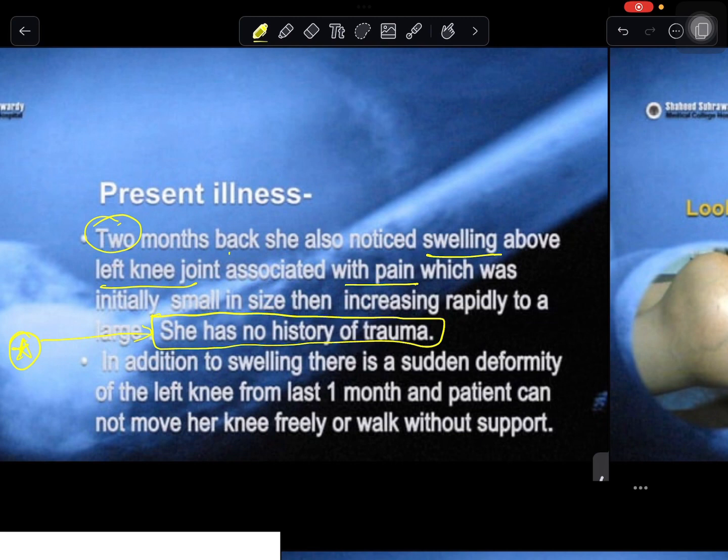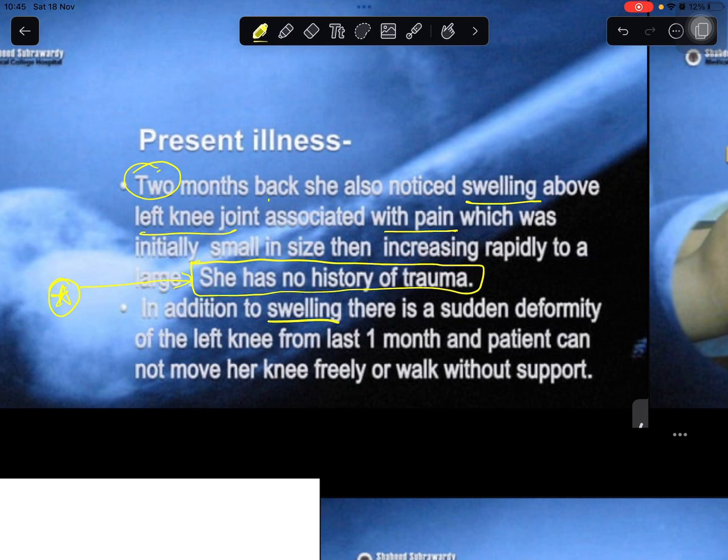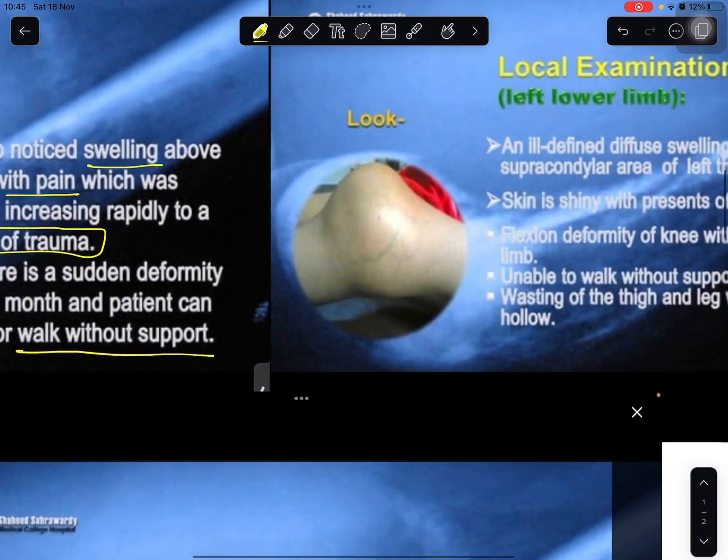Trauma is any form of injury, any form of accident that can cause significant damage to the body or affect parts of the body. In addition to swelling, there is a sudden deformity of the left knee, and she cannot walk without support.